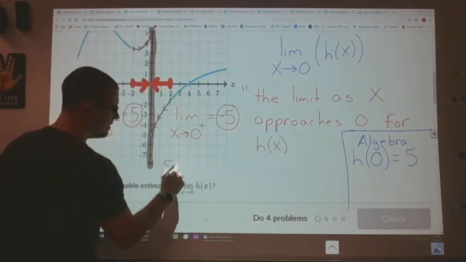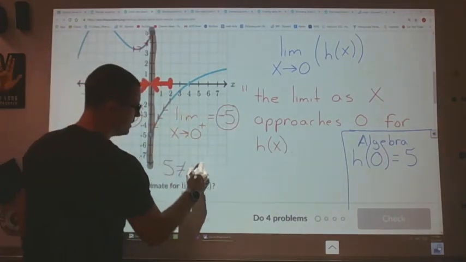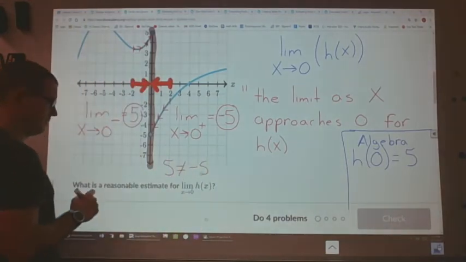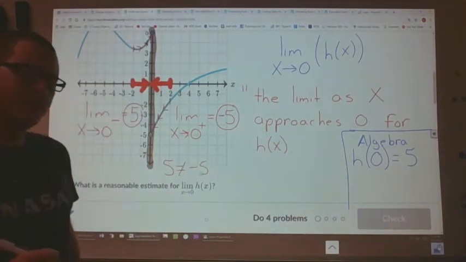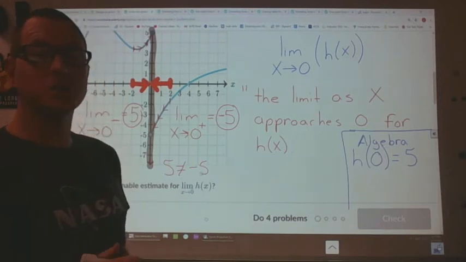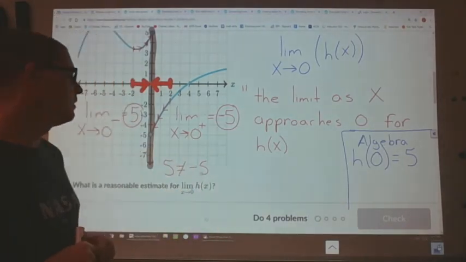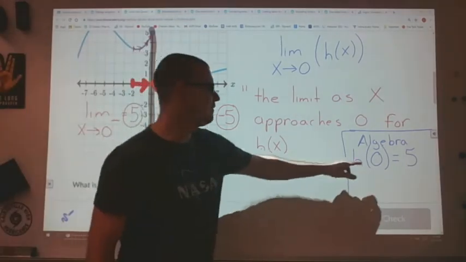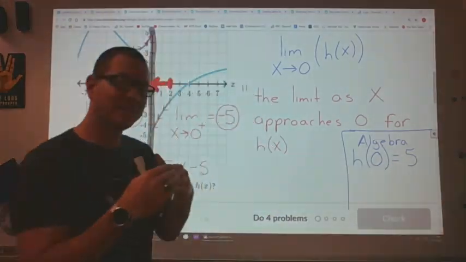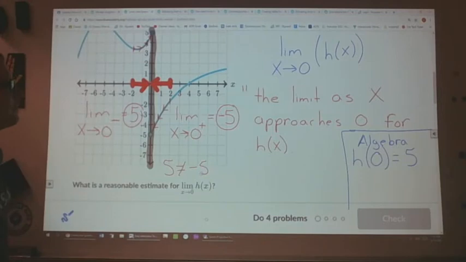Since 5 does not equal -5, the limit does not exist. There is no reasonable estimate for the limit. These two sides of the curve are going to miss each other. Even though it's defined at 0, that's not how the system, the graph, is behaving.